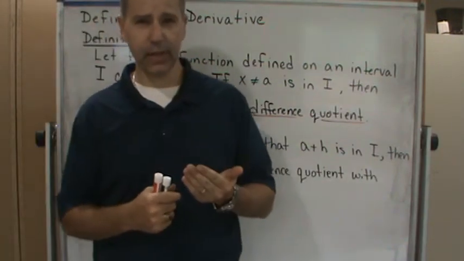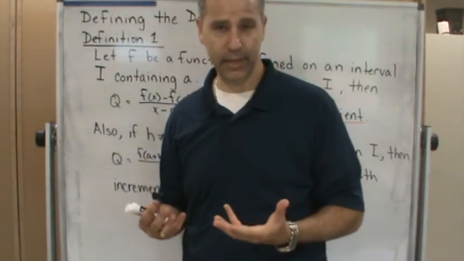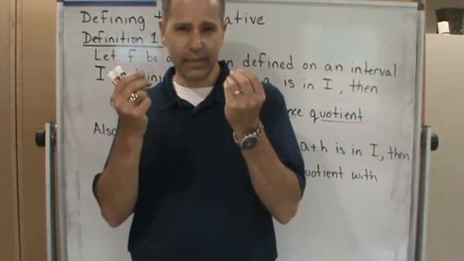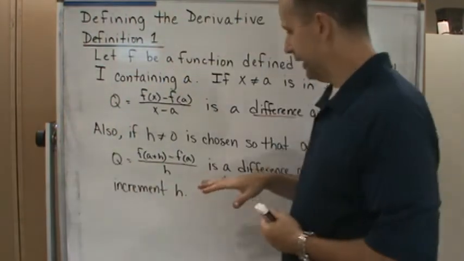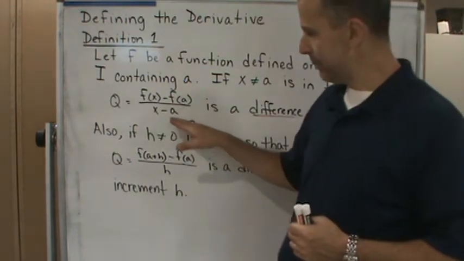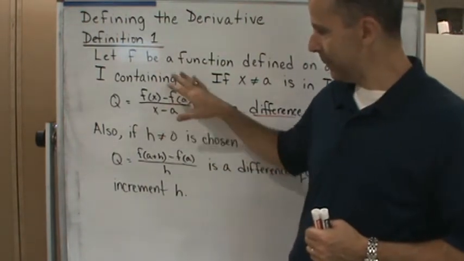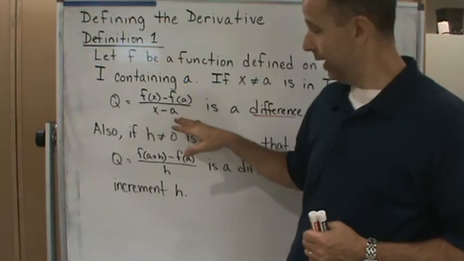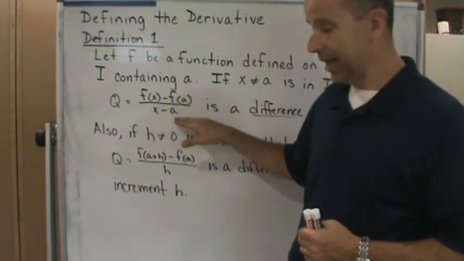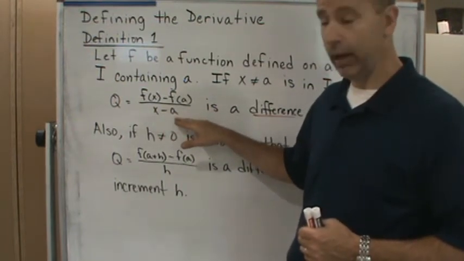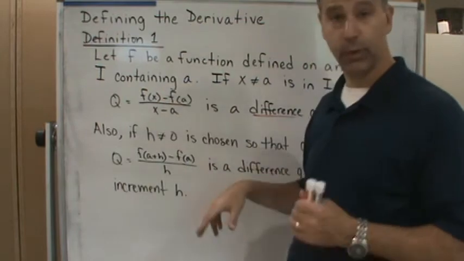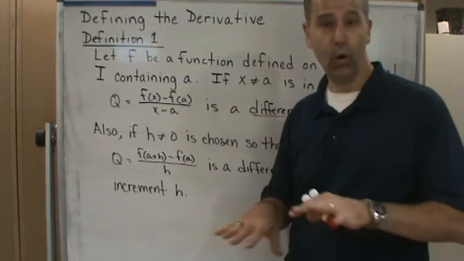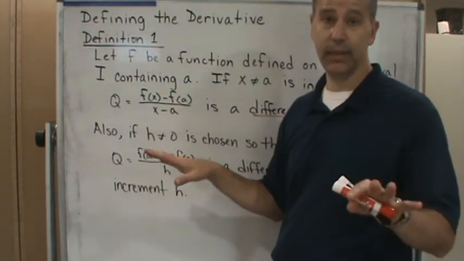So this brings up the idea of the limiting process. If I was to take either one of these and ask, what happens to the limit of this thing as x approaches a? We've been doing limits. We spent a lot of videos dealing with limits.